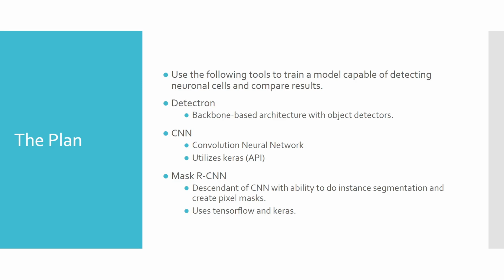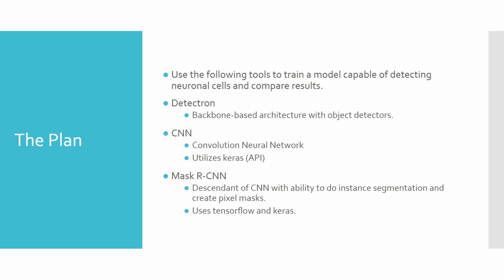Also wanted to use CNN, which is a convolutional neural network, which utilizes the Keras API. And the strongest and most likely to be successful of the three initial ideas was Mask RCNN, which is a descendant of CNN, which uses TensorFlow and Keras, and it allows you to make a pixel mask of the segmented image.